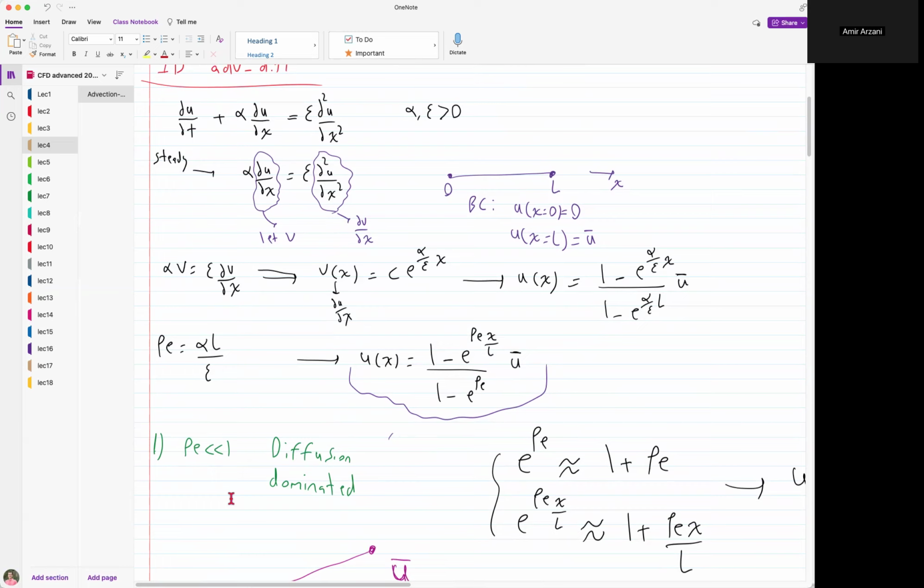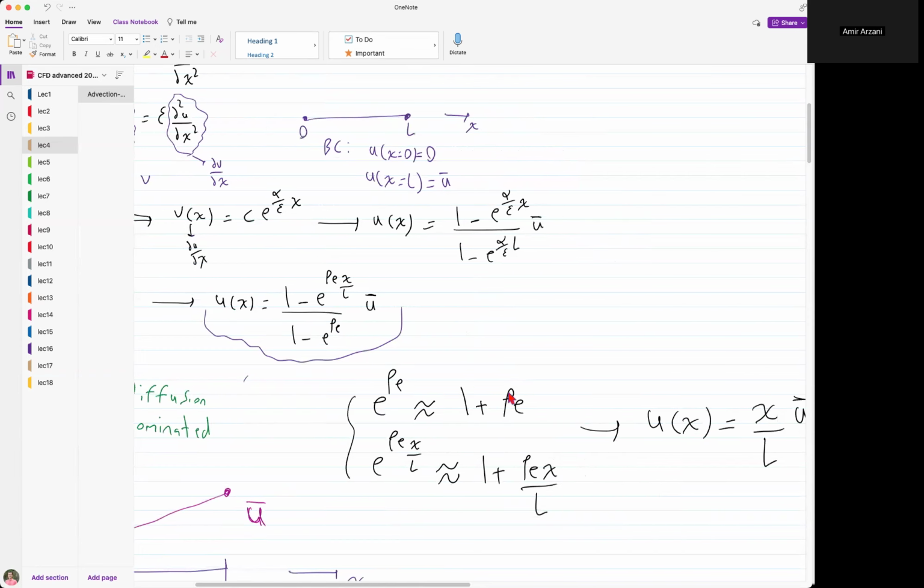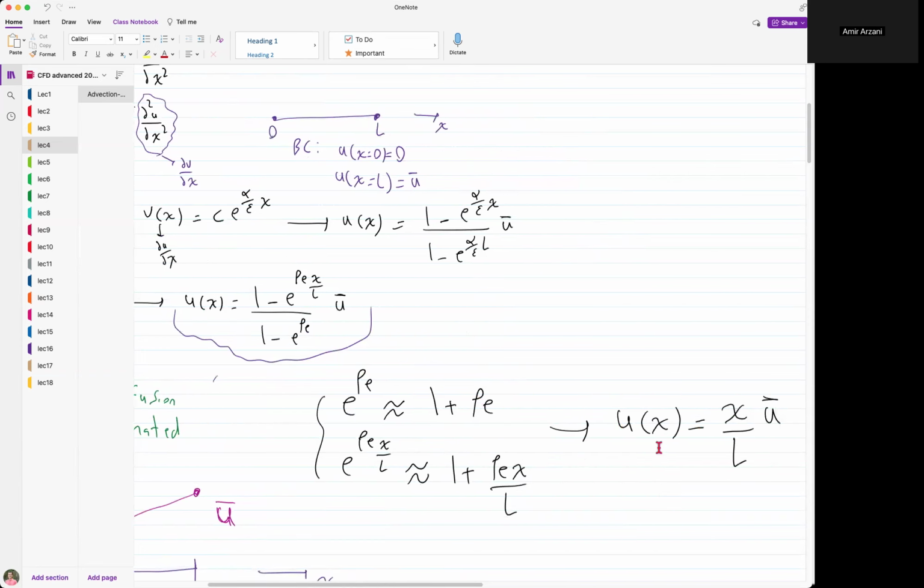In these cases I can simplify this equation: for the exponential, e to the power Peclet, since Peclet is pretty small, I can use the Taylor series expansion and write it as such. Same thing for the other term. If Peclet is small, so is Peclet x over L, so I can write it again as a Taylor series expansion. If you plug these two in here, the ones will cancel out, and what you get is this simple analytical solution.